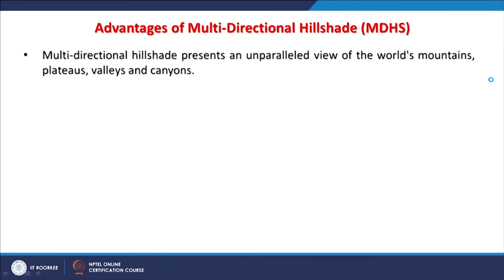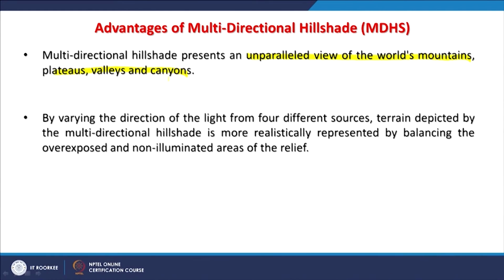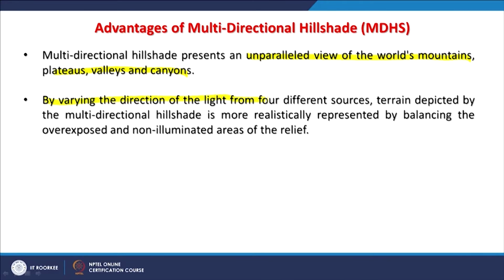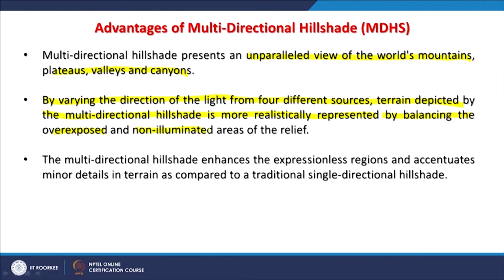Now there are further advantages of multi-directional MDHS, that a hillshade presents an unparalleled view of the world's mountains, plateaus, valleys and canyons, and by varying the direction of the light from different sources, the terrain depicted by multi-directional hillshade is a more realistic representation, because here the balancing is being done between overexposed and non-illuminated or underexposed surfaces. This MDHS also enhances the expressionless region we have seen in the example and accentuates the minor details in terrain as compared to the single directional one.